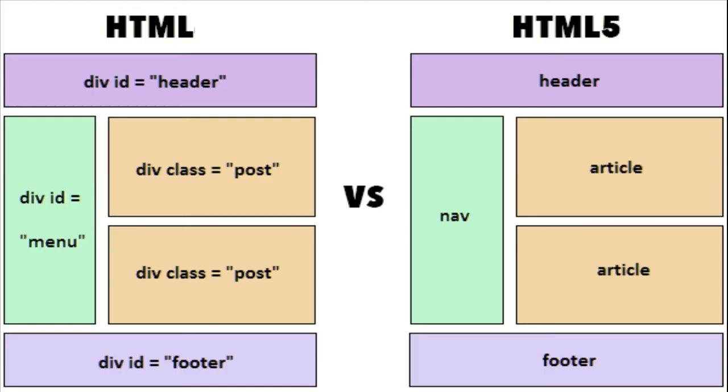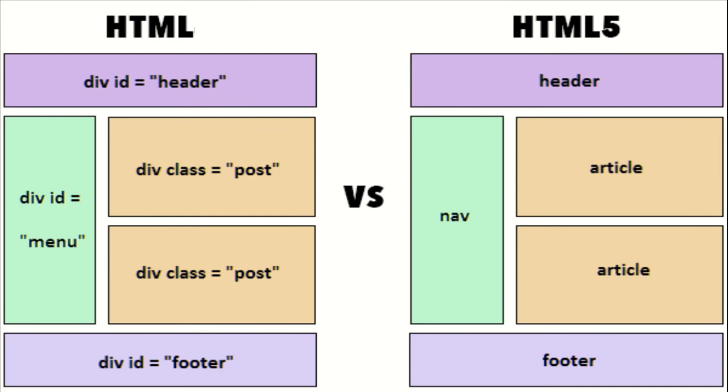So you can see the difference between HTML and HTML5 structure. As I explained, we have div id equals header in the HTML version, which is now replaced by the semantic tag called the header tag. So we don't have to use the entire attribute and write such long code, making the code look so untidy and complicated.